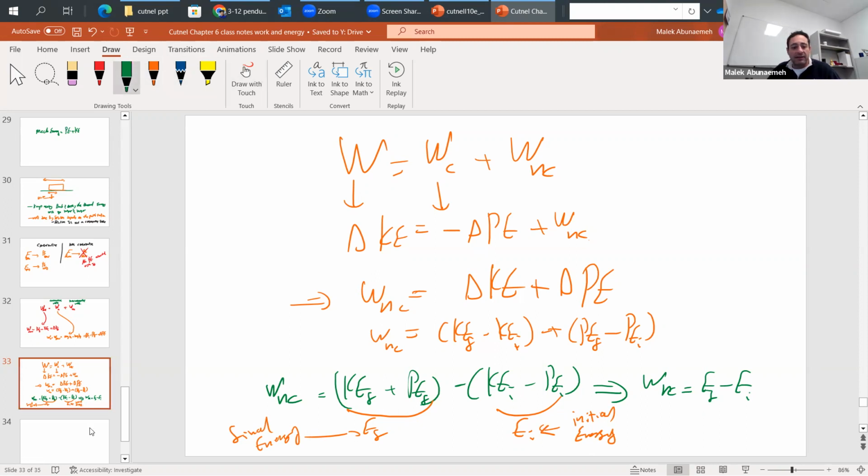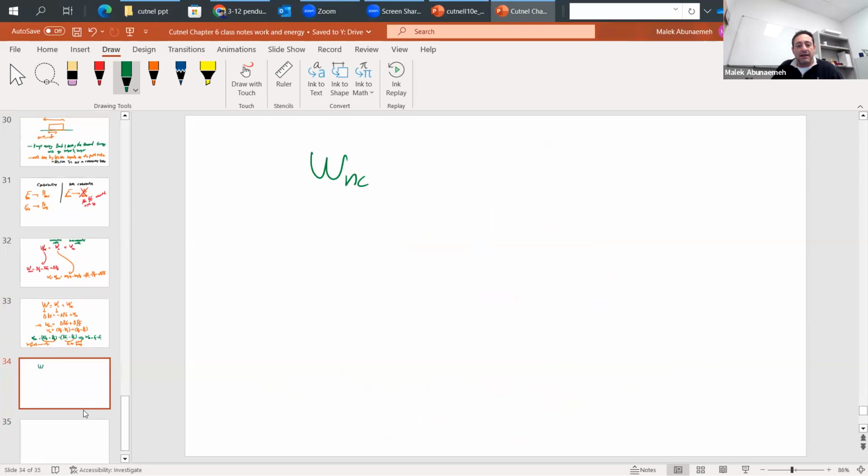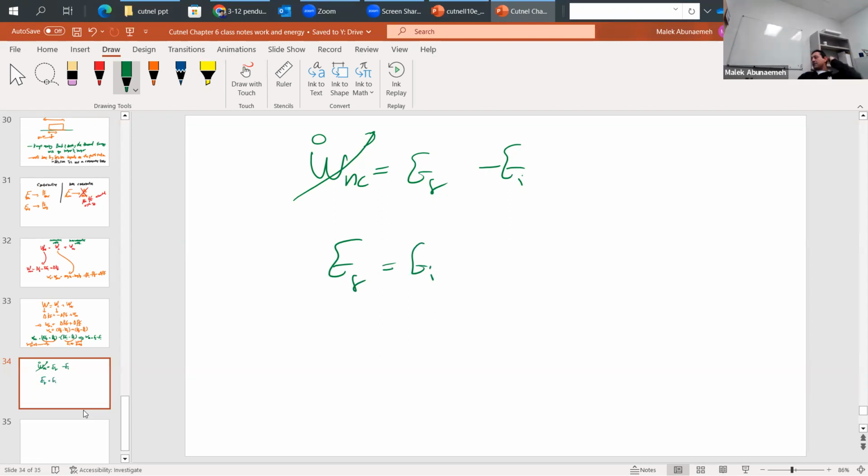If the net work equals 0, so WNC is going to equal your final energy minus your initial energy. If this goes to 0, that means your final energy is going to equal your initial energy. And that brings us to the law of conservation of energy. Your energy before is going to equal your energy after.